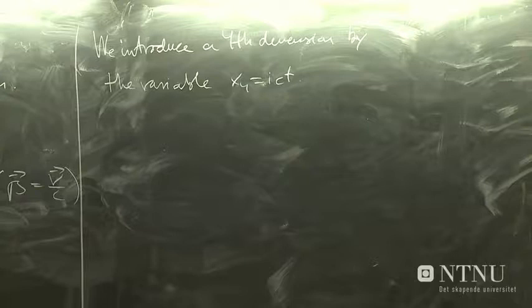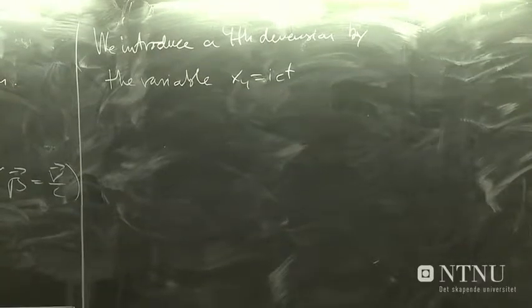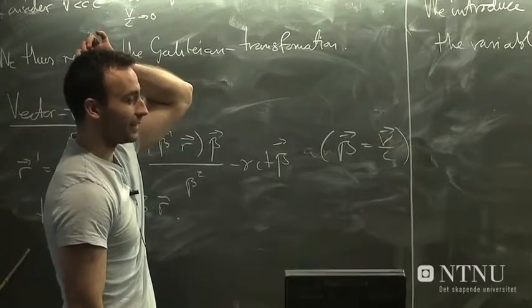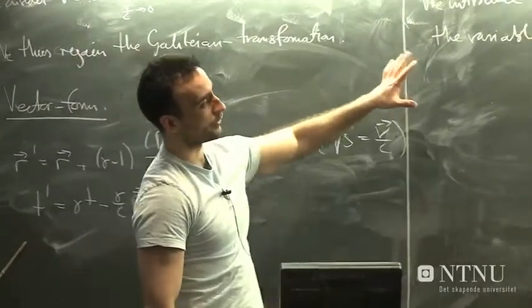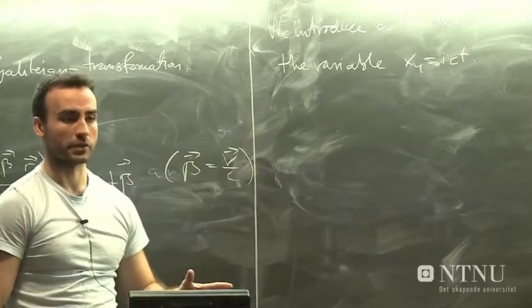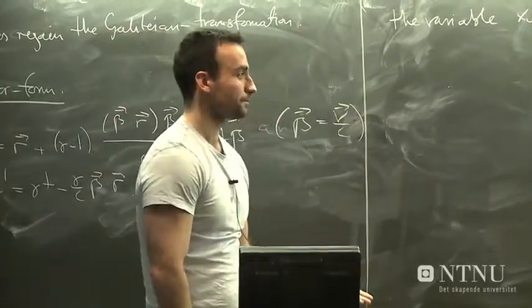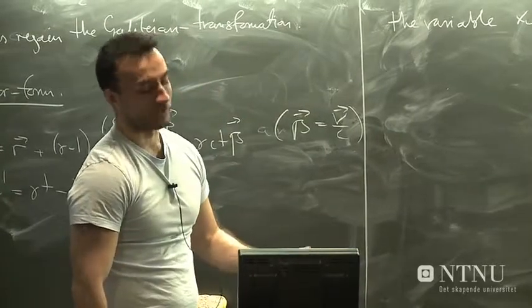In order to do so, we have to introduce a fourth dimension. And this might sound incredibly strange, but the fourth dimension is just time. So we consider 3 spatial dimensions and 1 time dimension.